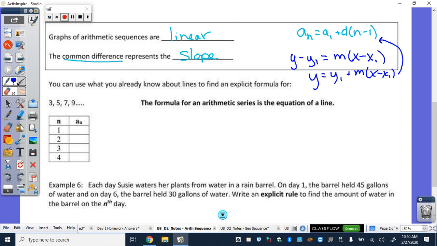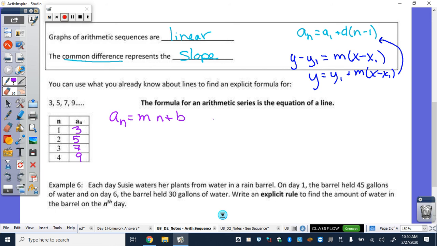So let's take a look at our sequence that we have here, 3, 5, 7, 9. Again, you always have that option of making it into a table of values if that's the way that you see things a little bit clearer. So we have 2 options. We can try to write our equation following mx plus b, but instead of x you would have an n.